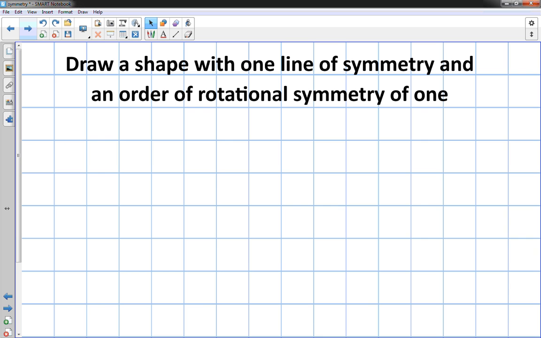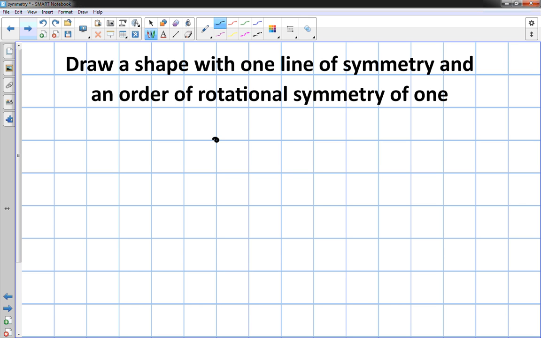Alright, now we're going to get on to a tricky one. Draw a shape with one line of symmetry and an order of rotational symmetry of 1. Have we done this before? Actually, one of my shapes I showed you earlier on, I believe, does this. Let's find out.